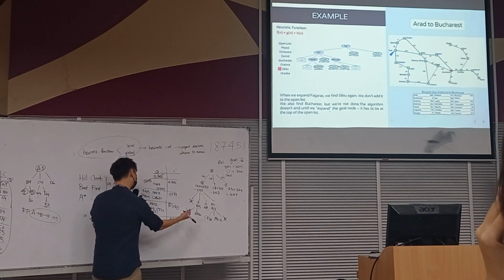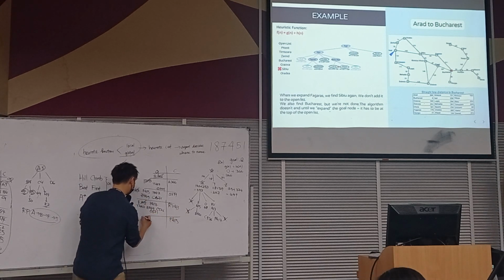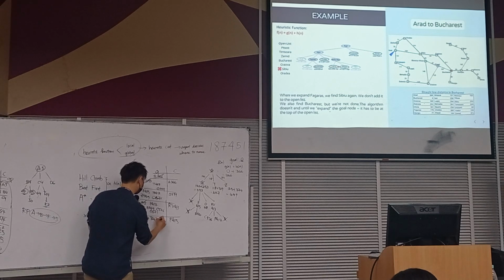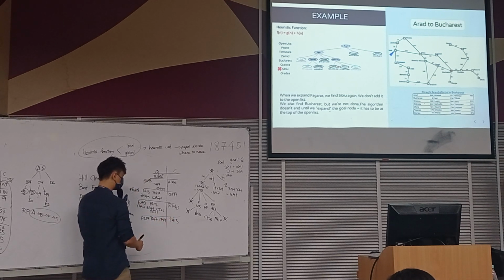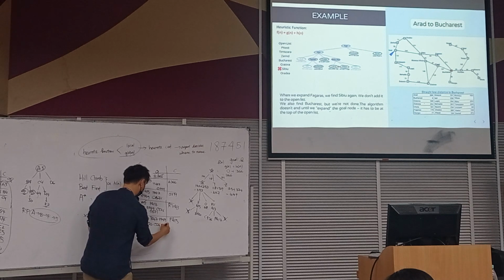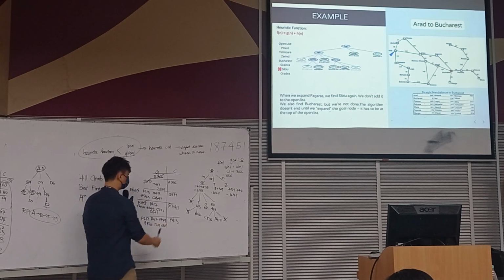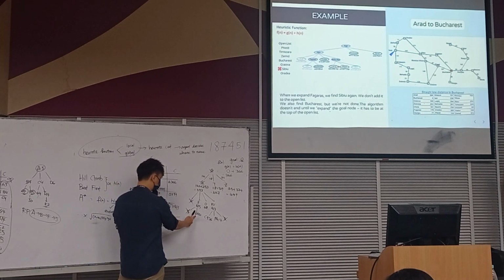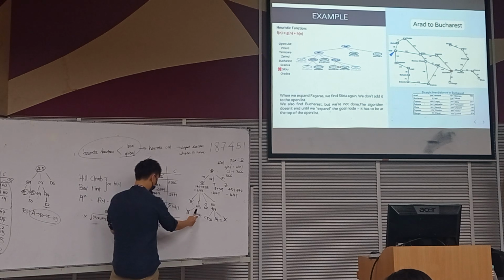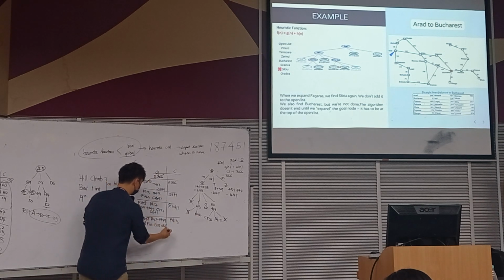Okay, so again add in: P 417, T 447, Z 449, followed by B 450, C, and O 671. Although the successor is the goal, Bucharest, we didn't expand it. We have to always check the closed list. So this is not the goal yet, so we expand P.